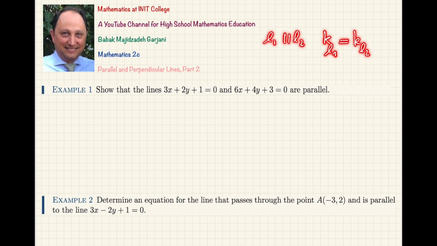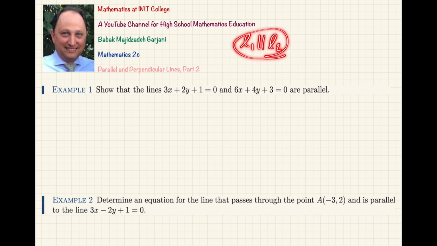If they are not, they are not. I made a mistake here. For parallel, either both of them should be horizontal or both of them should be vertical. In other scenarios, you can compare the k values.